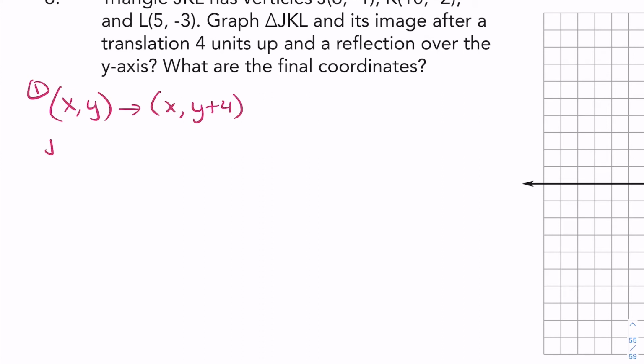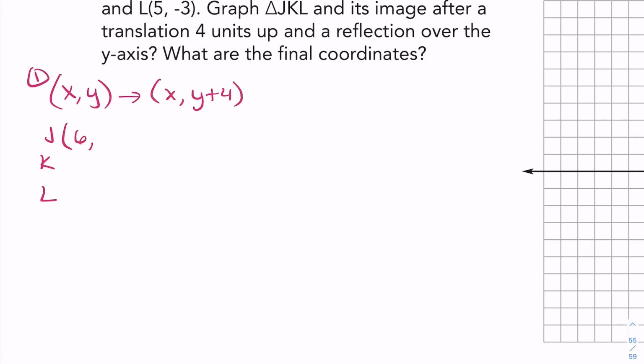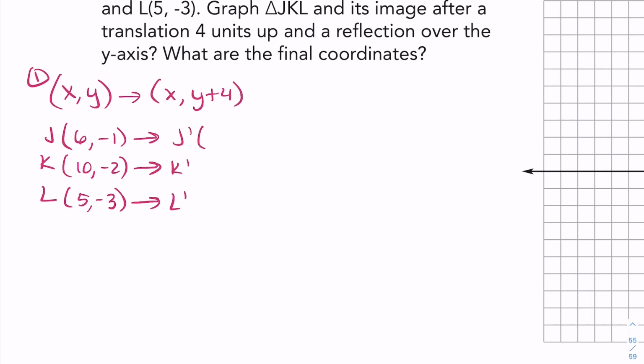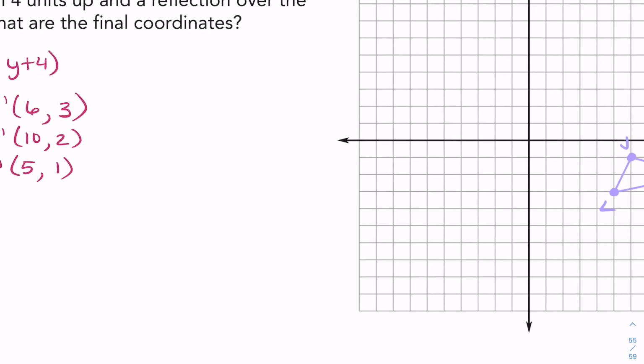So J, K, and L, 6, -1, 10, -2, 5, -3. It's going to go to J prime, K prime, L prime, which is add 4, so 6, 3, 10, 2, and 5, 1.